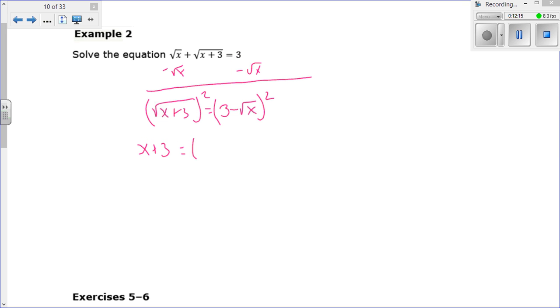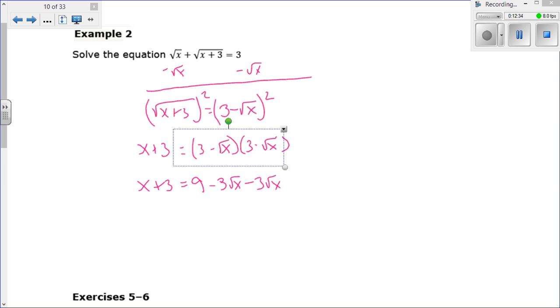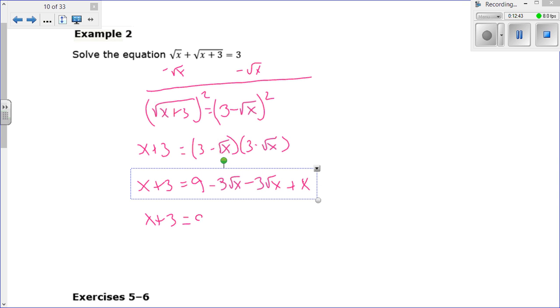And on this side I will have 3 minus the square root of x times 3 minus the square root of x. So x plus 3 equals 9 minus a 3 radical x and another minus 3 radical x, and radical x times radical x is going to be plus x.